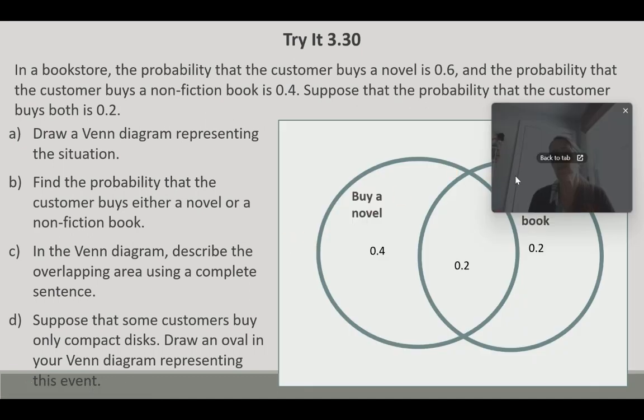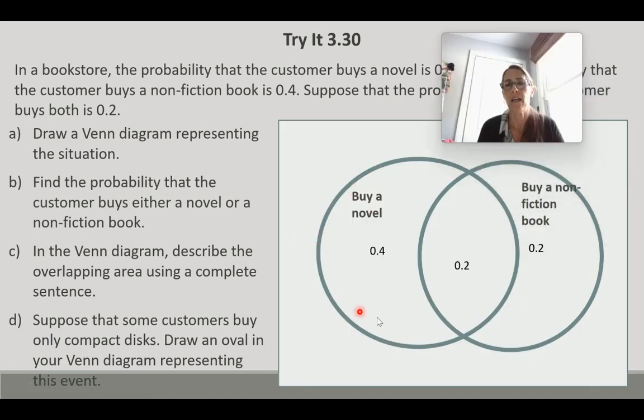So here's our original Venn diagram. Buy a novel. So here's our and, right? Because they tell us that buys both a novel and a nonfiction book is 0.2. So that goes in the center. Buying a novel was 0.6. So 0.6 minus 0.2 gives us 0.4. Buying a nonfiction book was 0.4.